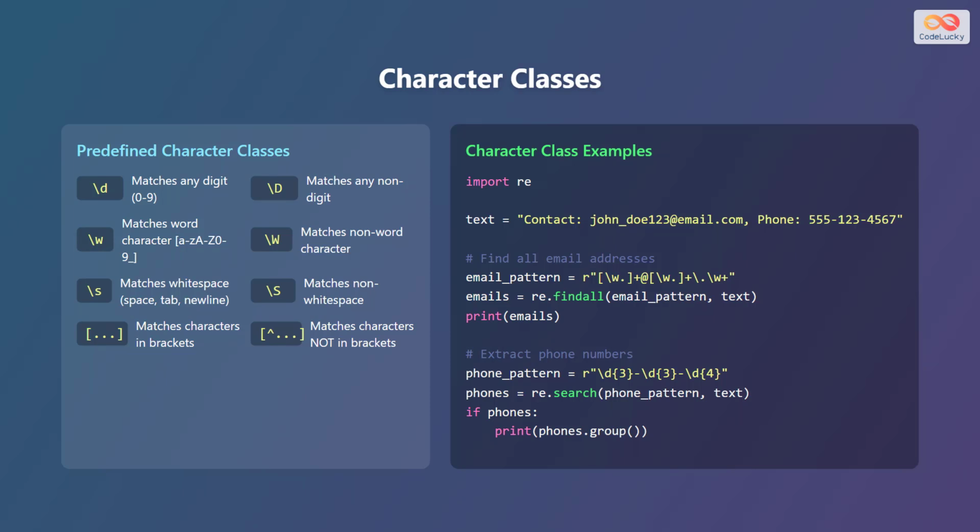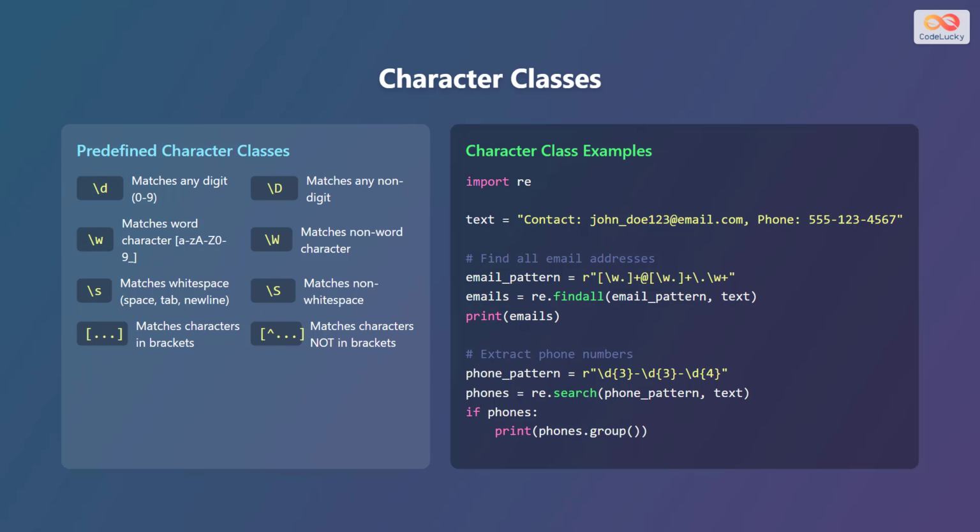This includes lowercase a through z, uppercase A through Z, digits 0 through 9, and the underscore. \W matches any non-word character. \s matches any whitespace character, such as space, tab, or newline. \S matches any non-whitespace character. Square brackets match any character within the brackets. A caret inside the brackets matches any character not within the brackets.